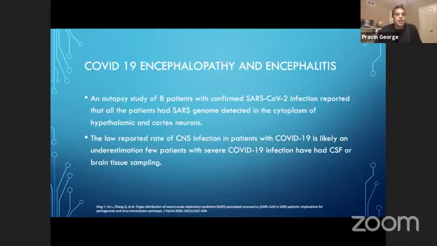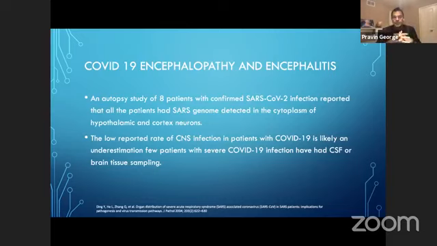Okay, looking at this, an autopsy of 8 patients with confirmed COVID-19 infection reported that all of the patients had the SARS genome detected in the cytoplasm of hypothalamus and cortex neurons. So maybe it's not in the CSF necessarily, but more so within the cells of the brain.